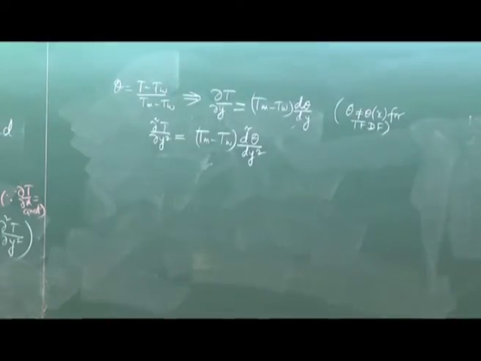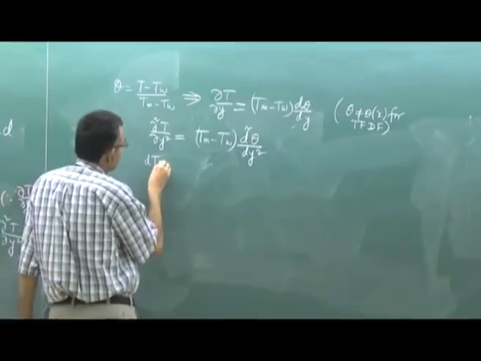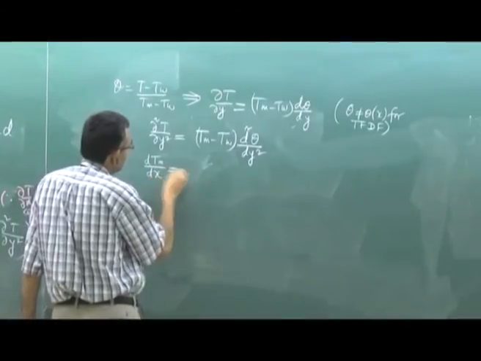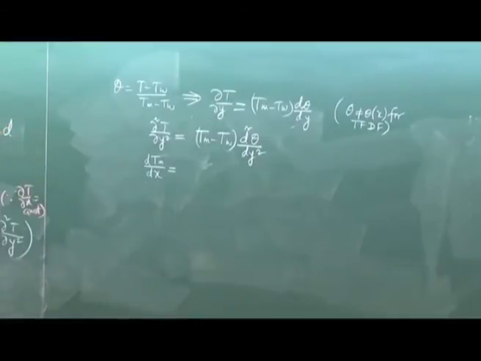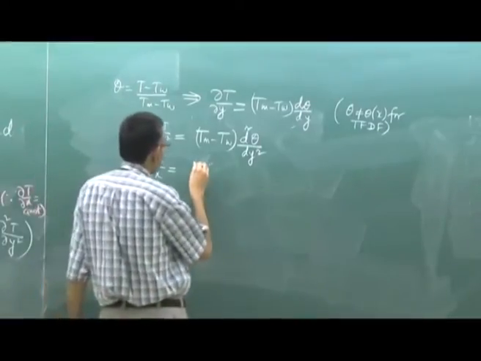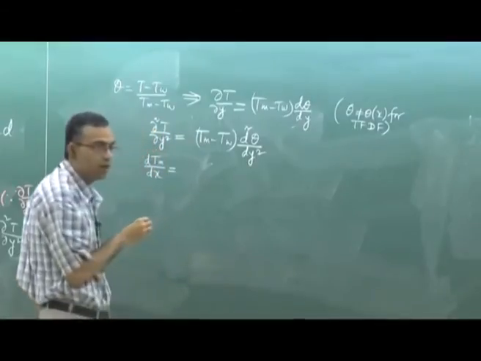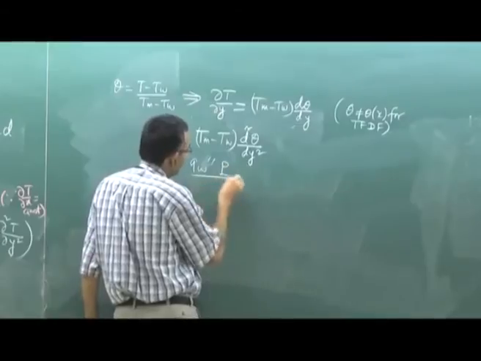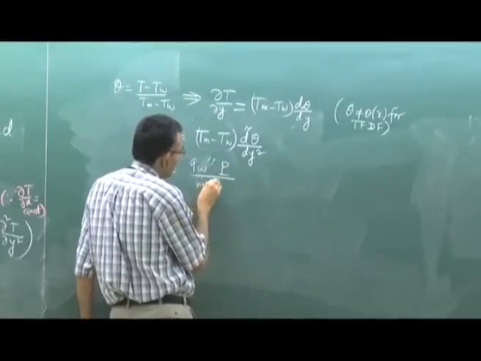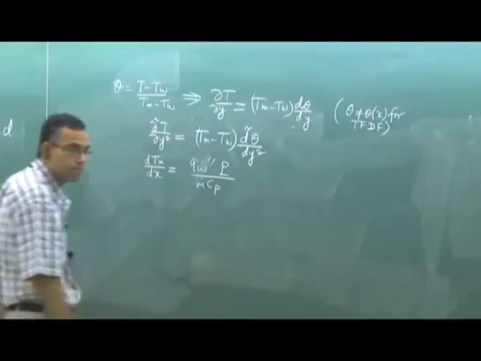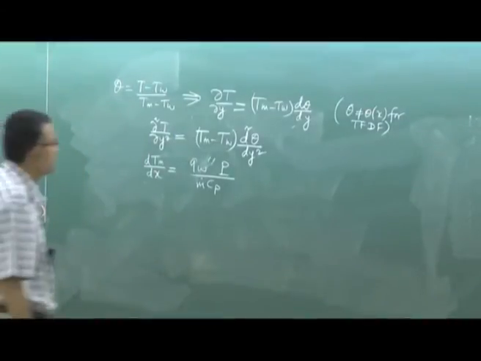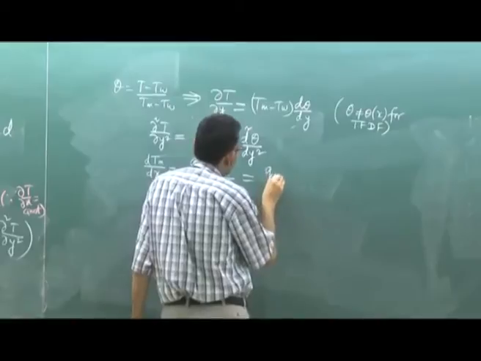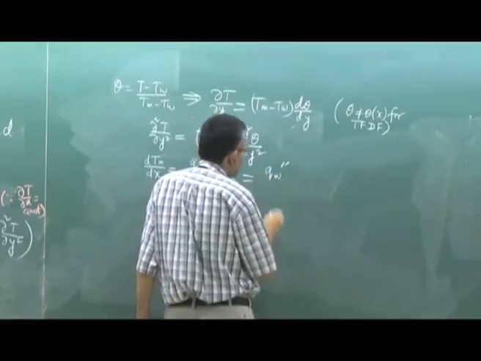And what is dTm dx? What is that expression? Q double dash P by m dot Cp, right? So Q double dash, in place of P, what is it?